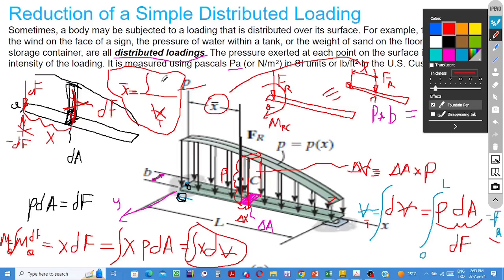Actually, this expression gives us the coordinate of the centroid of the volume, the center of the volume. Yes, this is the same formula that is used for finding the centroid of a volume.